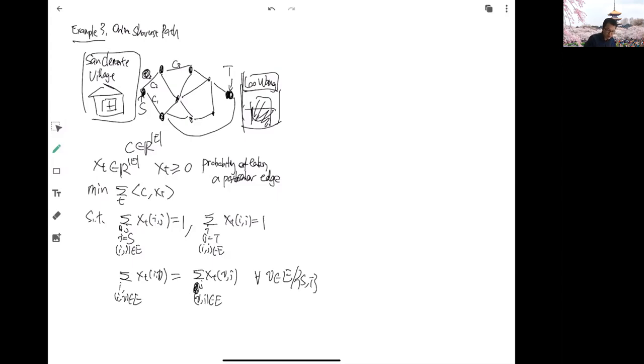So far we've only written affine equality constraints, and clearly this is feasible if there exists at least one path from S to T.